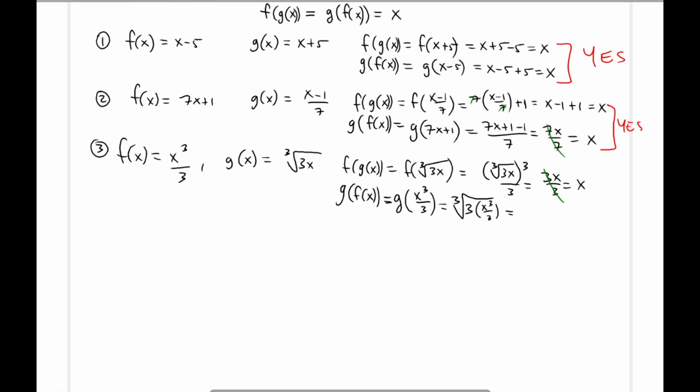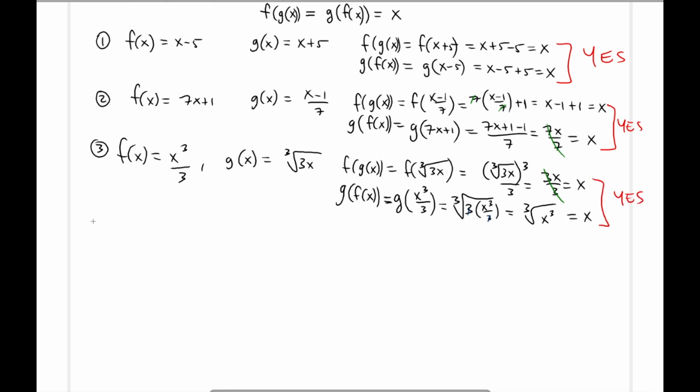What does that tell us? First of all, notice that the 3's cancel out inside that cube root. So it's just going to be cube root of x cubed. Cube root of x cubed also cancels out. The cube root is gone, the third power is gone, it's just x. All right, again, the third example also yields 2 inverses.